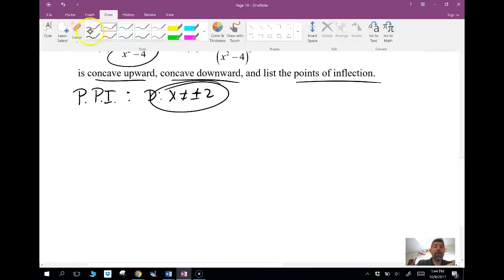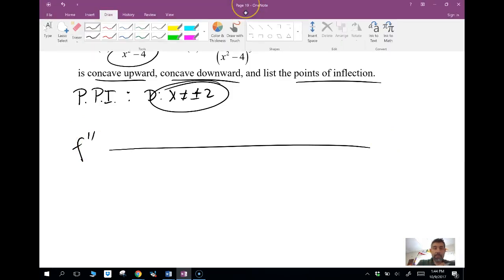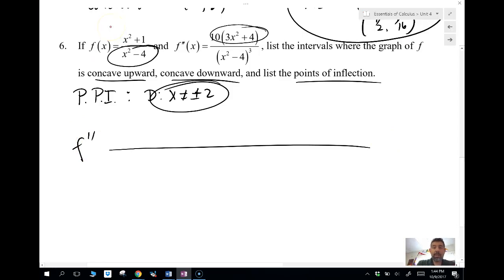So let's go ahead and draw our f double prime number line. Excuse me, our f double prime number line. -2, +2. Okay, we'll put negative 221 in there.